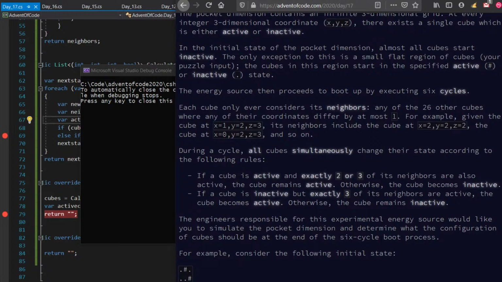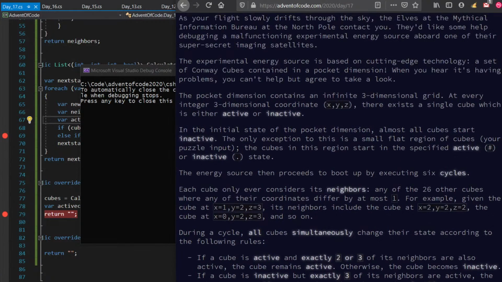Cube is inactive, but exactly 3 of its neighbors are active. Cube becomes active. Each cube only considers its neighbors, any of the other 26 cubes.